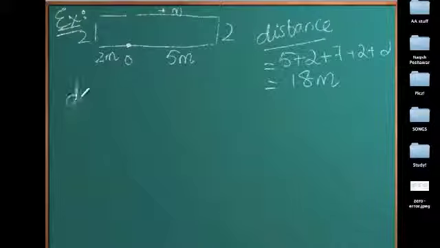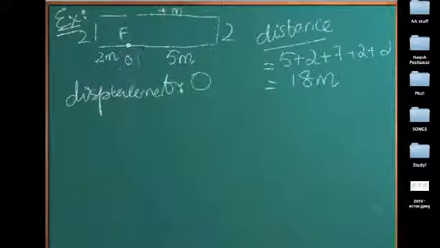However, if I ask you the displacement, the displacement would simply be 0. Since this is your final position and this is your initial position, you haven't actually moved from your initial position. If you come to think about it, you are just there.